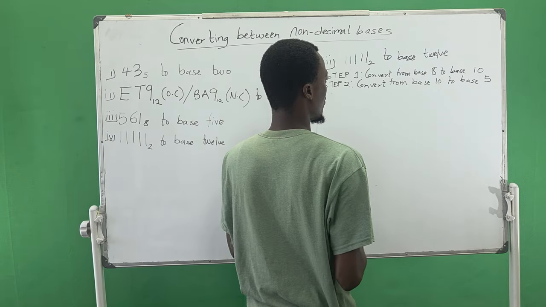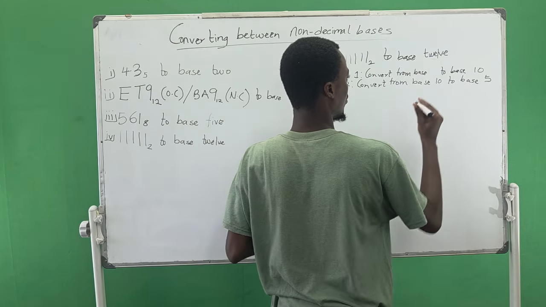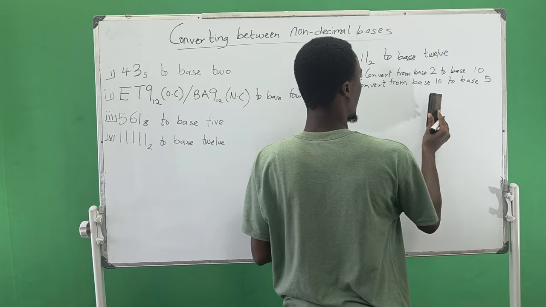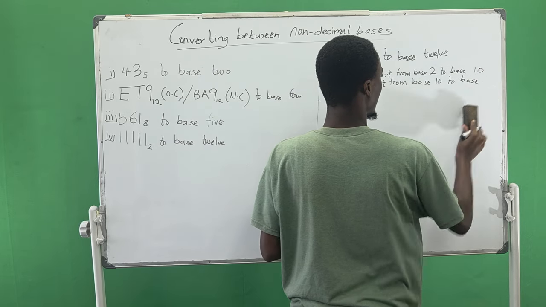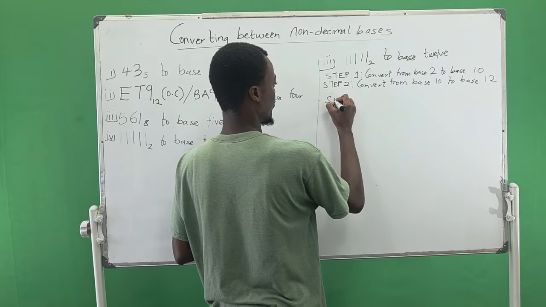So first we convert from base 2 to base 10. And then we convert from base 10 to base 12. Duodecimal.